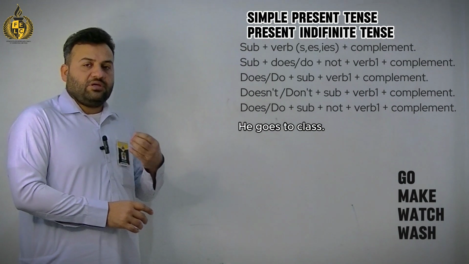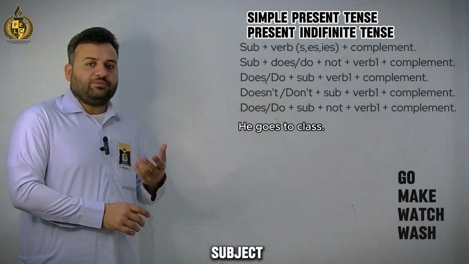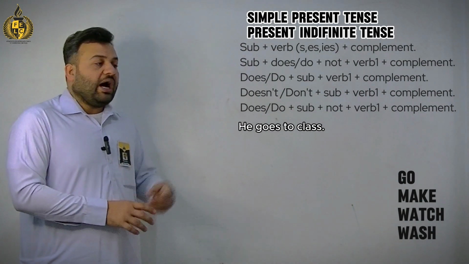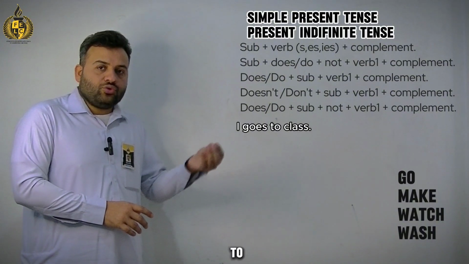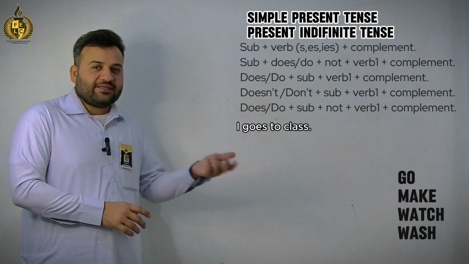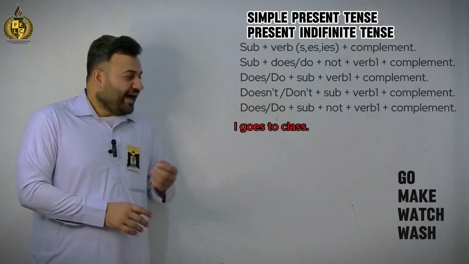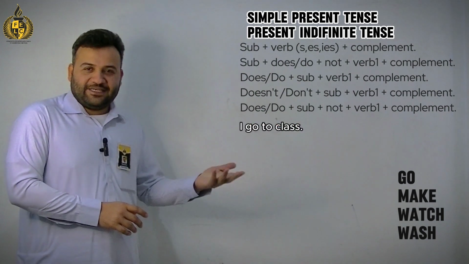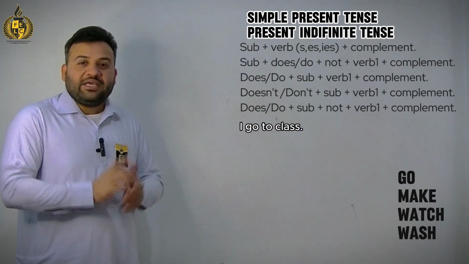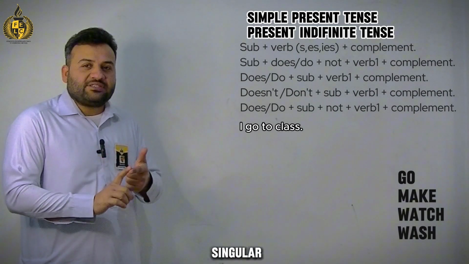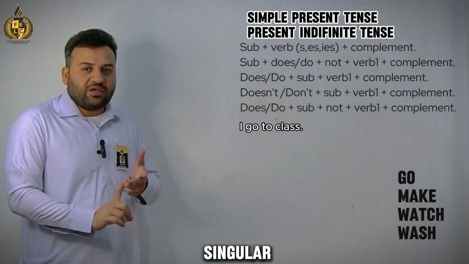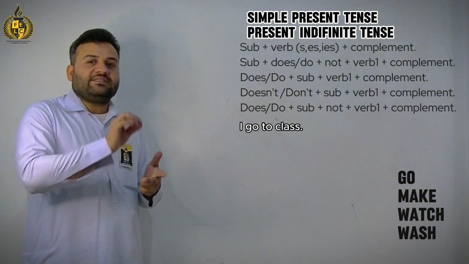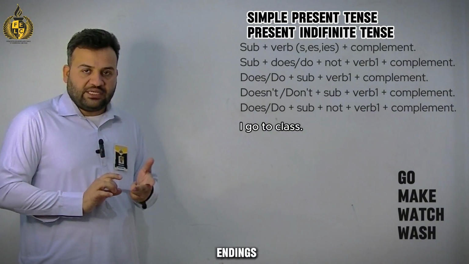And the same example with the plural subject will be totally changed. I goes to class? No, it's wrong. I go to class. No S, ES, IES. It means that with the singular subject, he, she, it, and singular noun, we must use S, ES, IES with the verb endings.